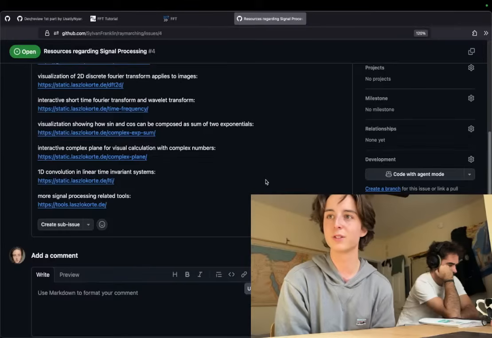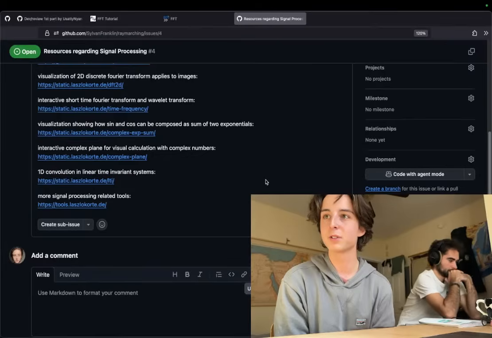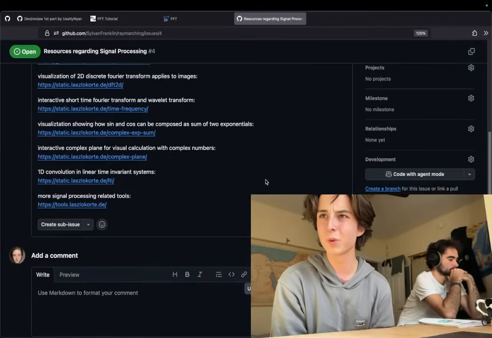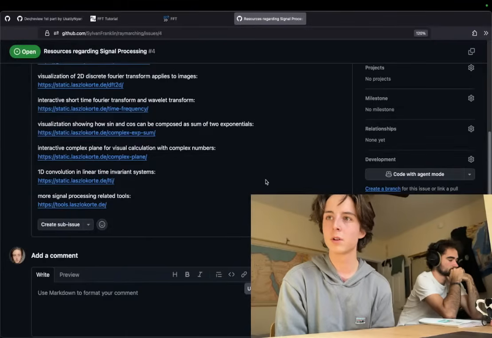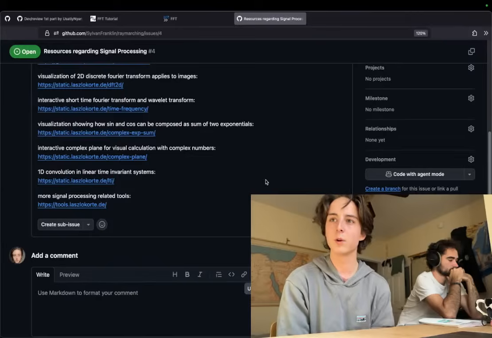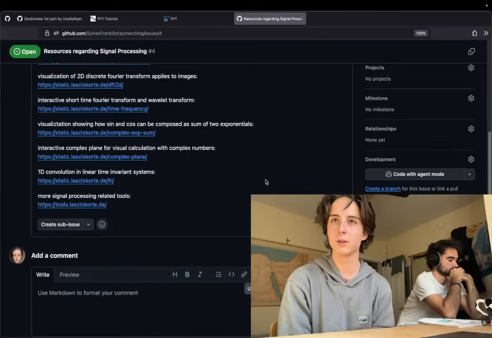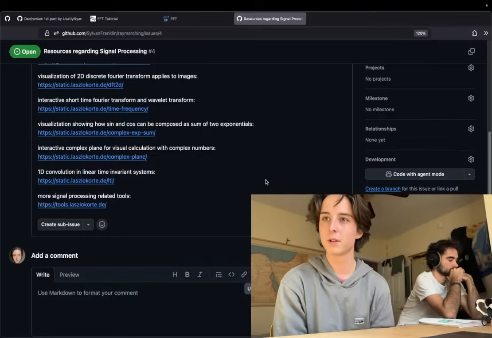Huge fast Fourier transform nerd. Complex numbers make it easy to work with frequency domain because you can represent rotation with e to the i theta. All right. Discrete means not continuous. Okay, so it's got random gaps in it.